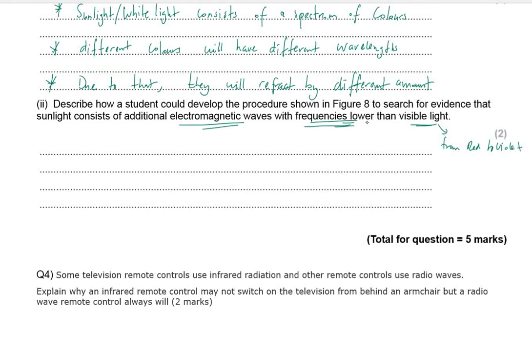Now let's take a look at our spectrum. We have gamma, X-rays, UV, visible light, and after visible light we have infrared, microwave and radio wave. So frequency lower than visible light, these are the three ones: infrared, microwave, and radio wave.